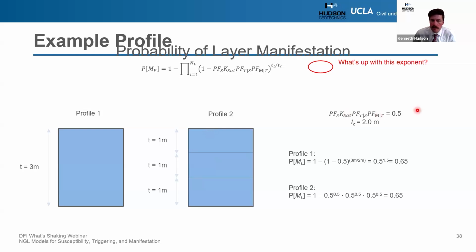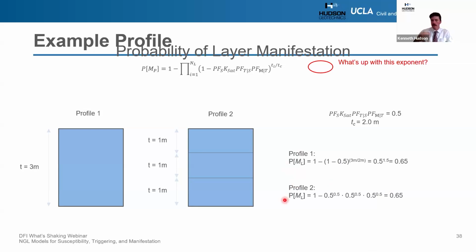If you just multiply these all together, you would get a 50% probability of manifestation. But if you include the T over TC exponent, it doesn't matter how many layers you break this into and then do the product sum, you will always arrive at the same probability of manifestation of that layer.